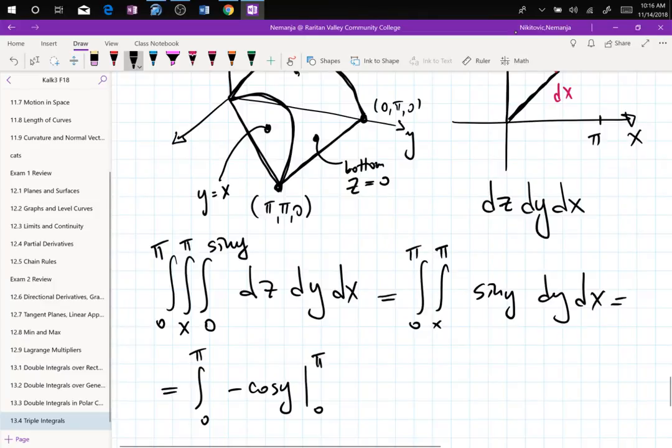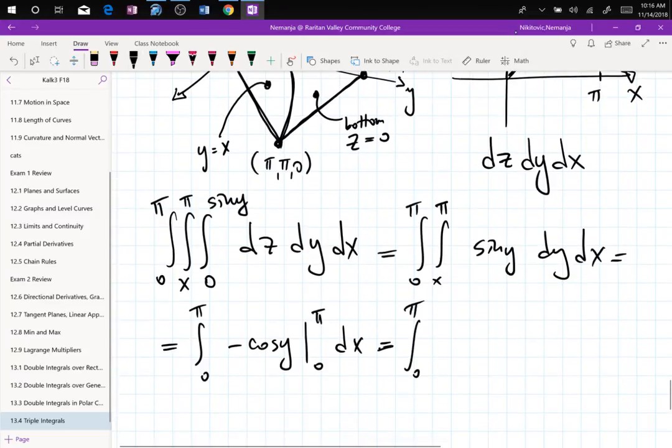From 0 to pi, still have dx to deal with. When I plug in cosine, what's cosine of pi? Excellent. Minus, and then when I plug in 0, nice. This is dx, so the whole thing is 2 pi.